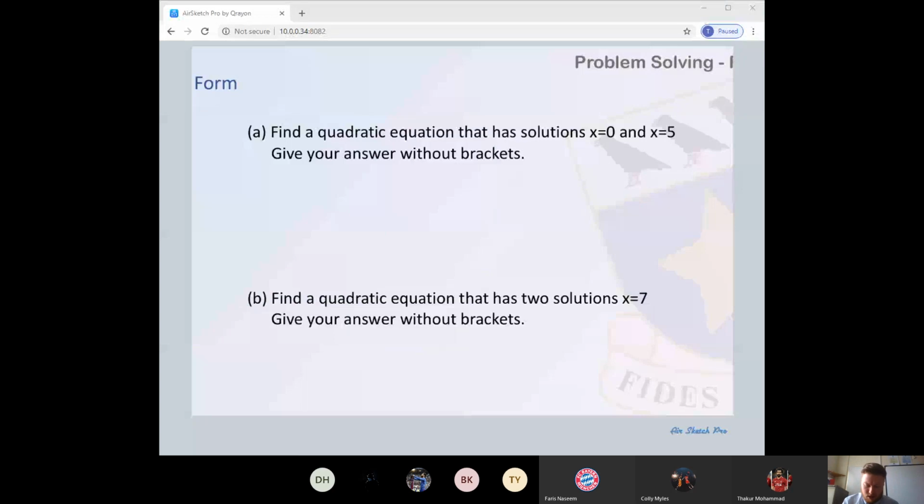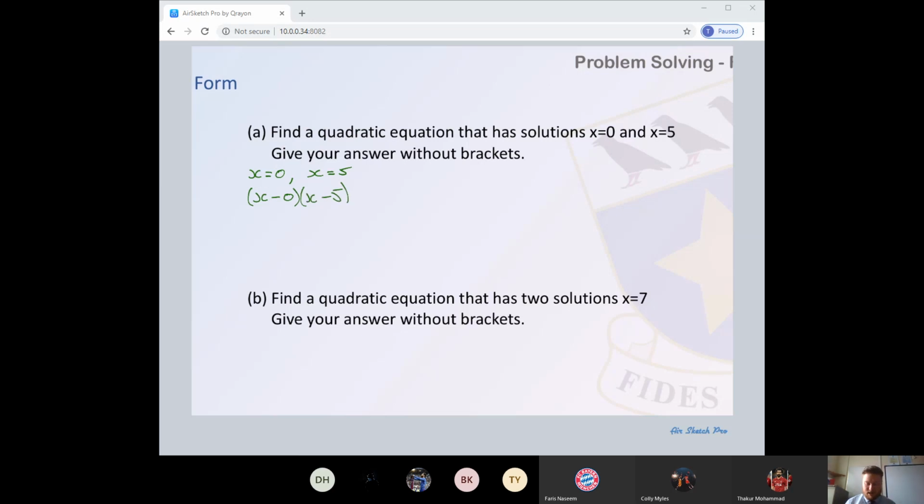If we've got the case where the solutions are x equals 0 and x equals 5, we need to put them back into a quadratic equation that has some brackets in there. And the way that we remember that is that whenever we put it into the brackets, it's the negative of the solutions. So that means we're going to have x minus 0 and x minus 5.